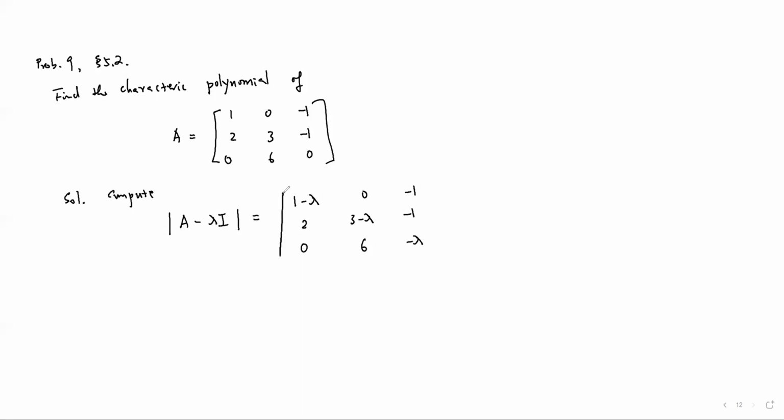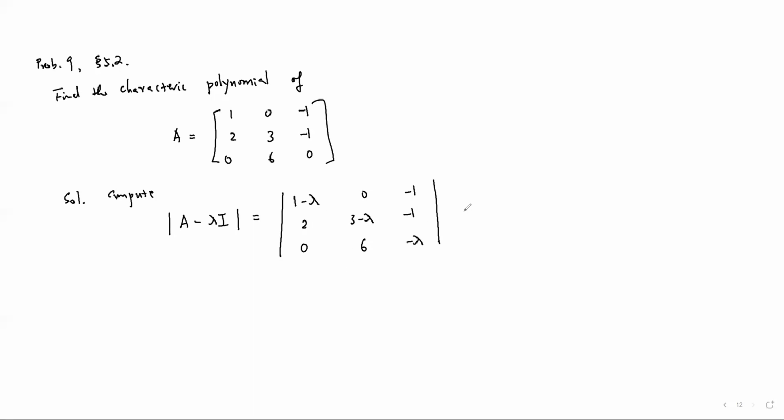Take the determinant. Now expand this determinant by the expansion formula. Don't compute it by reducing it to echelon form, because some entries involve the variable lambda.